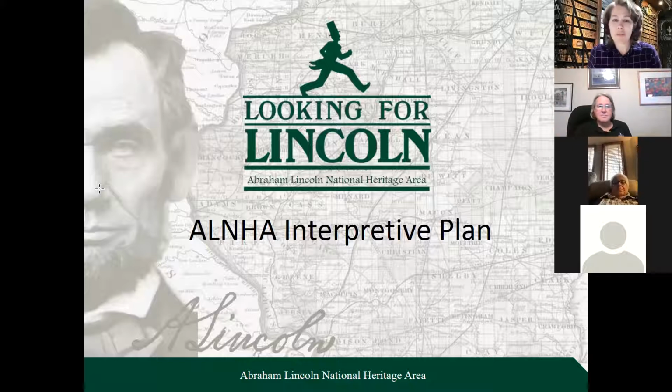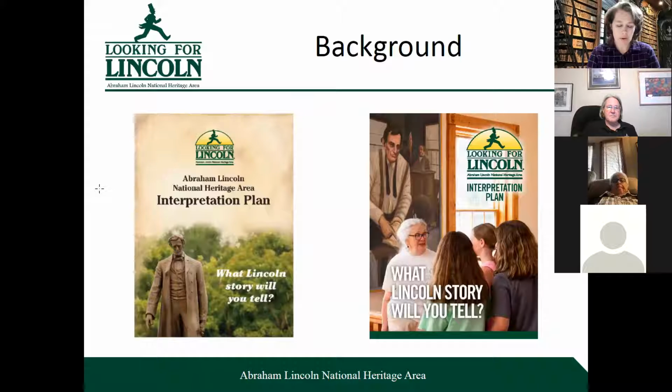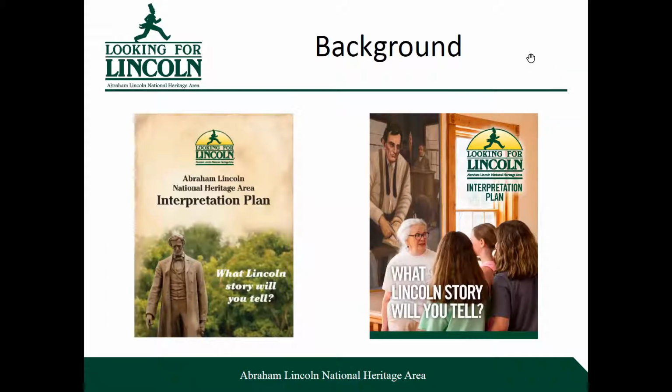So I'm going to give you a little background on the interpretive plan and how it came to be. The original interpretive plan, which is the one on the left, was created in 2014 in collaboration with a group of individuals, an ad hoc committee.